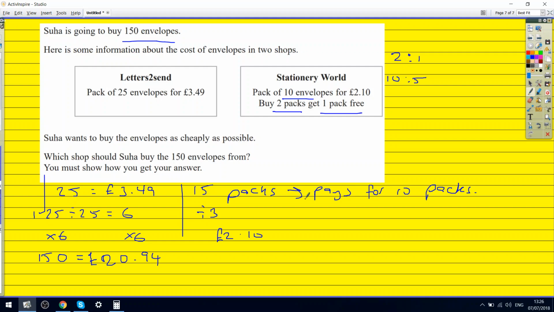Yeah. So how do you figure out how much she pays? You take away. You divide £2.10 by 3. No. She pays for 10 packs. 10 times £2.10 divided by 2.